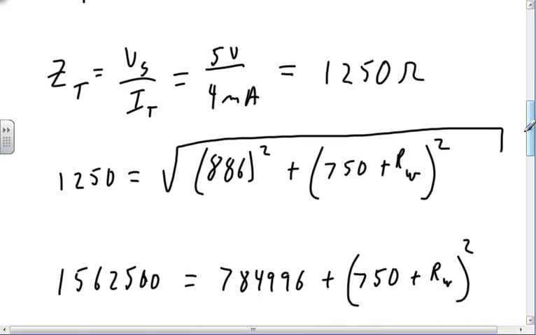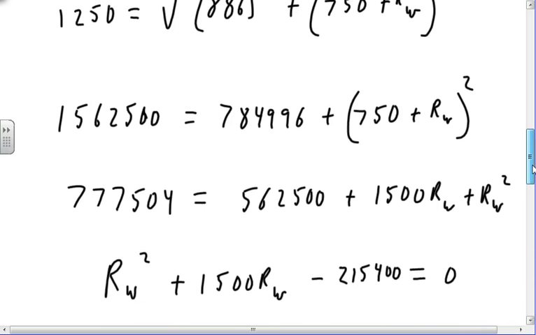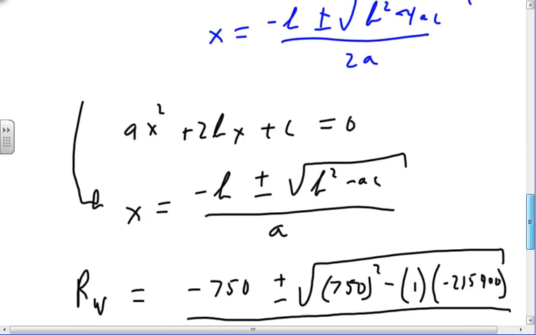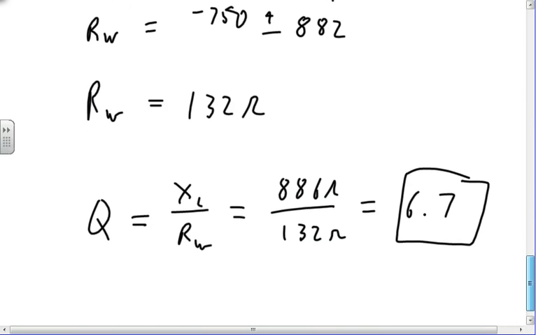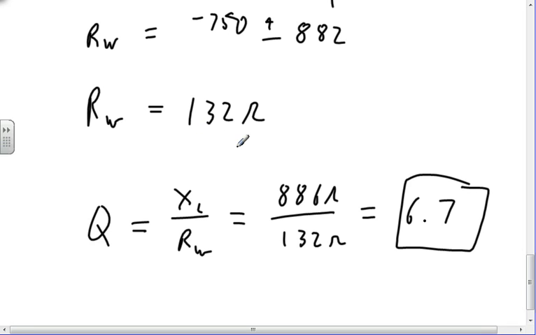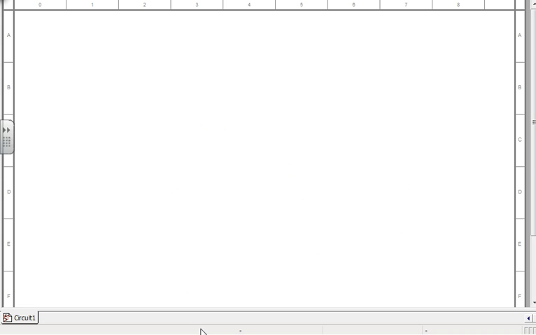I know that that magnitude has to equal the square root of the reactance squared plus the square of the real guy. I then solve for RW, and I come up that RW is, now, can I put that in Multisim and show it? That would be a key thing, right?